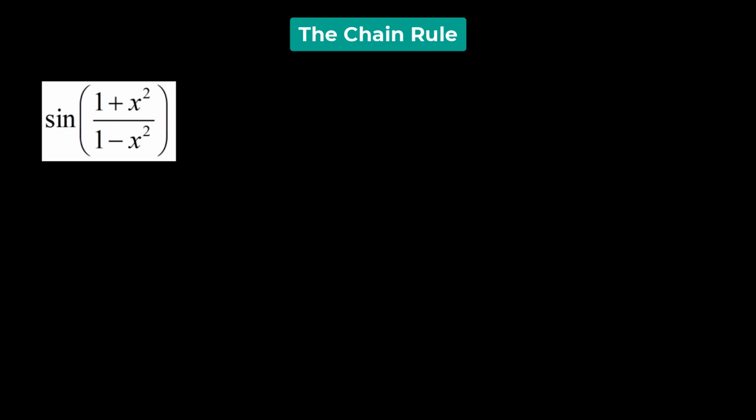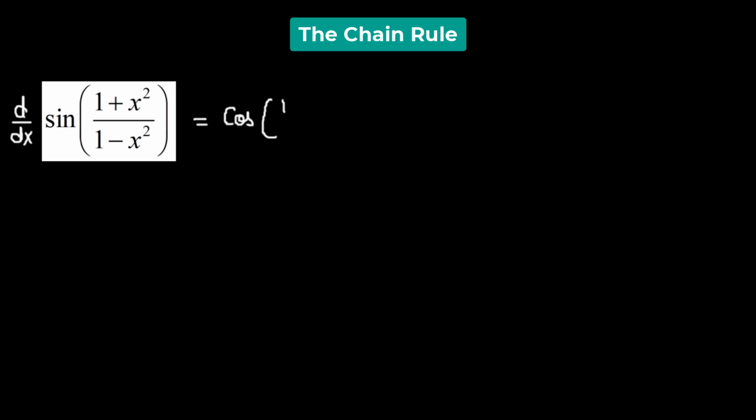So here we have the function given by sine of 1 plus x squared divided by 1 minus x squared. So let's find the derivative by using the chain rule. So here we are going to assume that the argument of the sine function, which is 1 plus x squared divided by 1 minus x squared, were equal to x, then we only have the derivative of sine of x, which should give us cos of x.